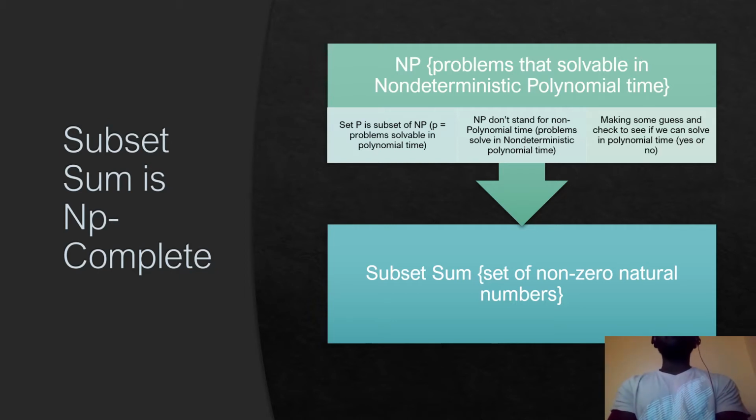So within NP, we can have problems that are solved in polynomial time. NP doesn't stand for non-polynomial time; it stands for problems solved in non-deterministic polynomial time. It's pretty much making a guess and checking, with a yes or no answer, whether you can verify it in polynomial time.